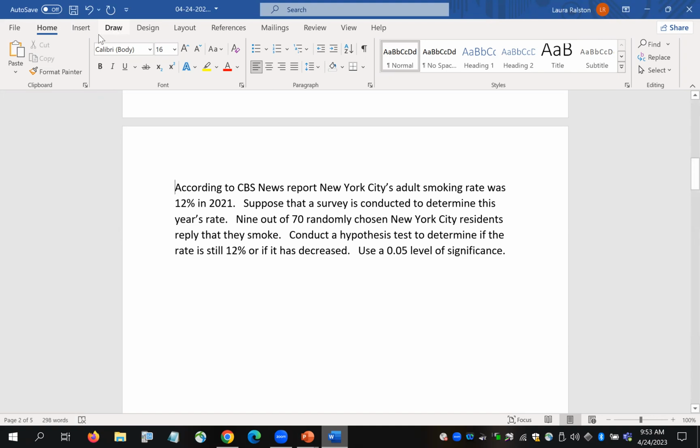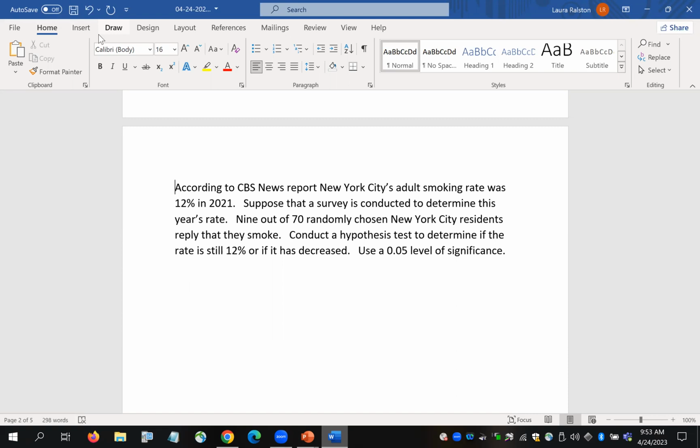We've been talking about that off and on since the midterm. So if I read this problem, it says, according to a CBS News report, New York City's adult smoking rate was 12% in 2021.